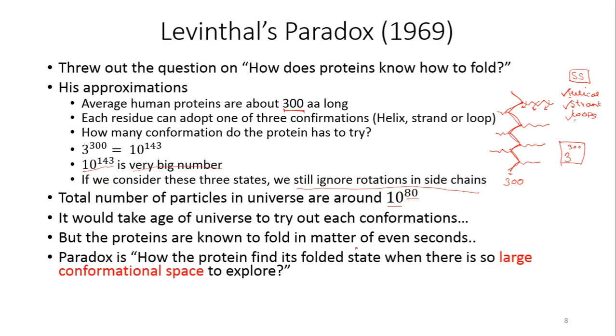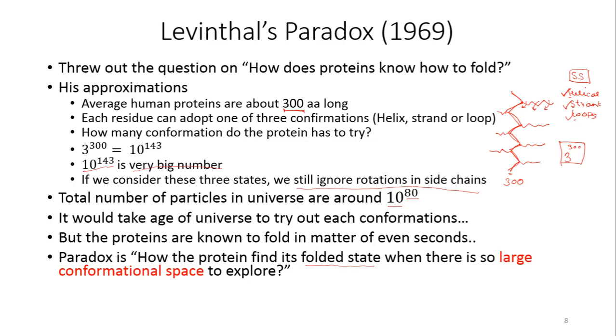Then the paradox that arises is how the protein finds its folded state when there is such a large conformational space available for it to explore. There is such a huge combination of structural states that the protein can take up. How does this protein find out what its folded state is? That is the question.